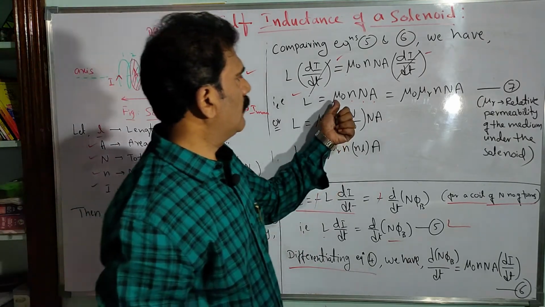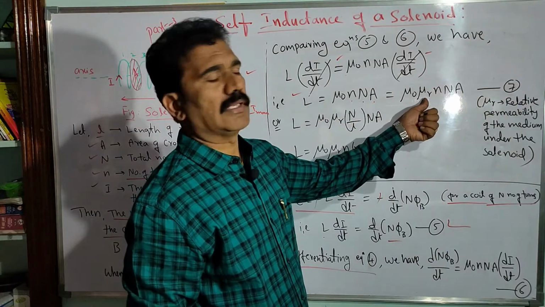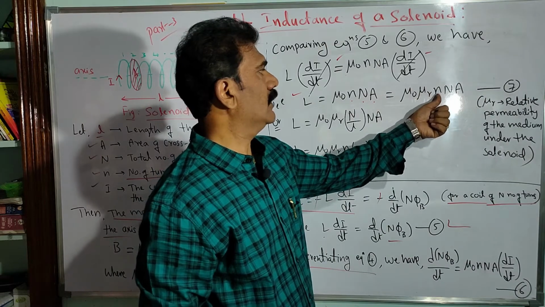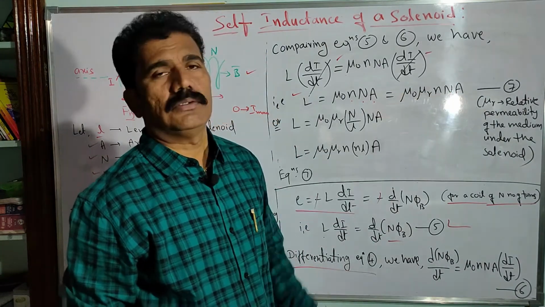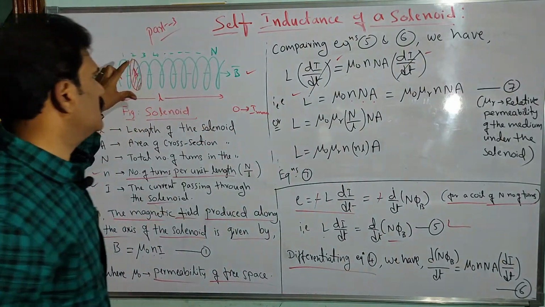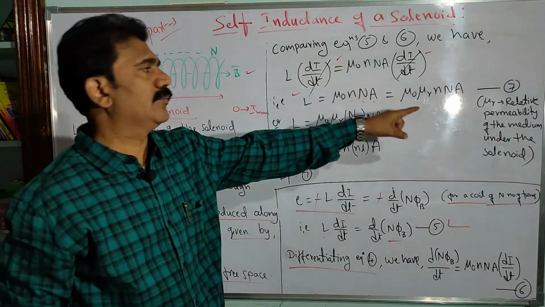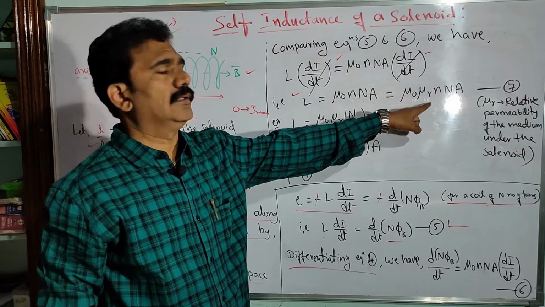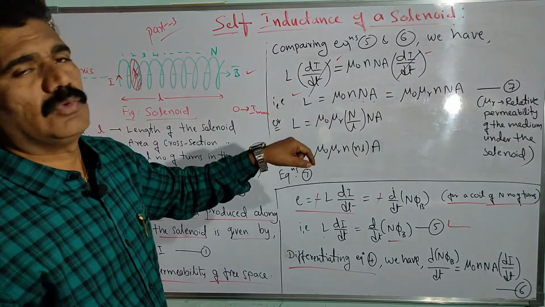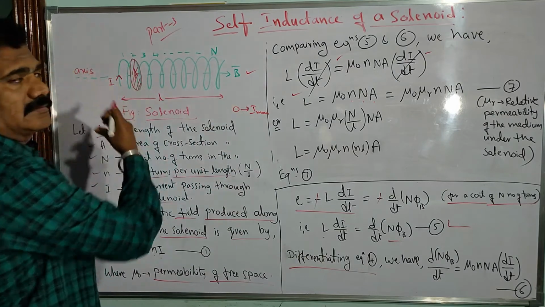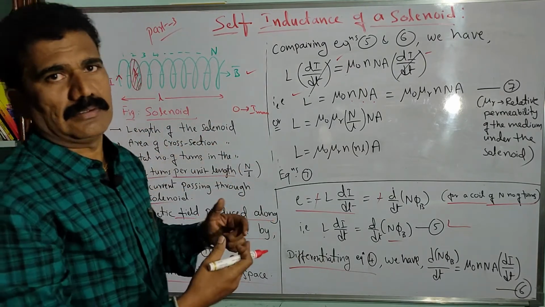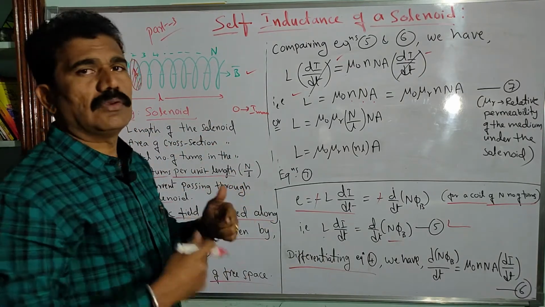Suppose I multiply by mu r, we will get the equation mu naught mu r n N A. Why do you have to multiply by mu r? If it is in free space, only mu naught can be considered, where mu r is equal to 1. If you are multiplying by mu r, that means something is inserted at the center of the solenoid, some material over which the solenoid is wound.